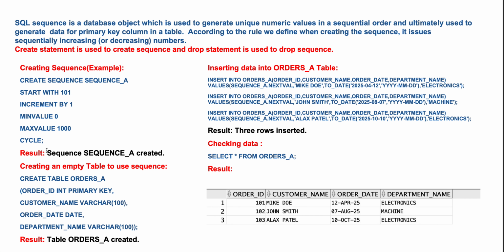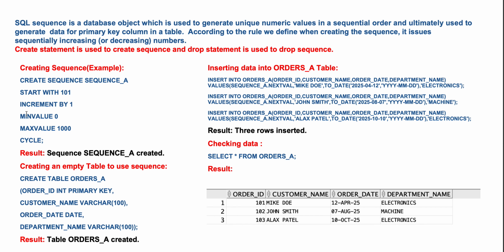In this code, cycle indicates that after completing 1000, the number will start from the starting point, that means 101. Increment positive 1 means it will increase by positive 1 value. If we mention here increment by negative 1, then it will decrease by 1.